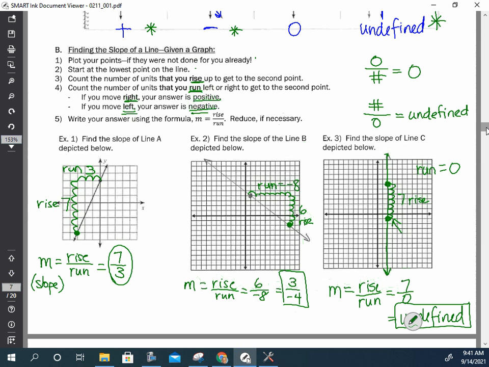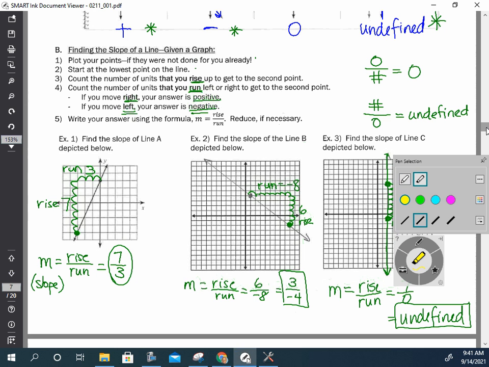So keep that in mind. 0 divided by a number gives you 0. A number at the top divided by 0 is undefined. So there is a difference between the two. The main takeaway from part B is that for the slope of a line, you're using rise over run.